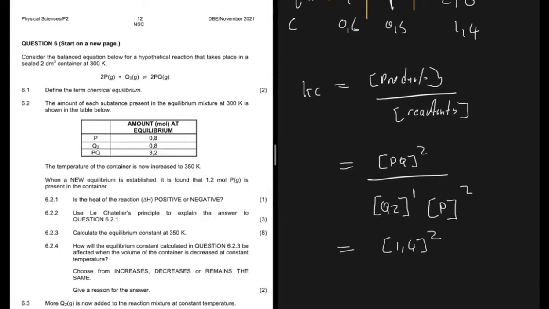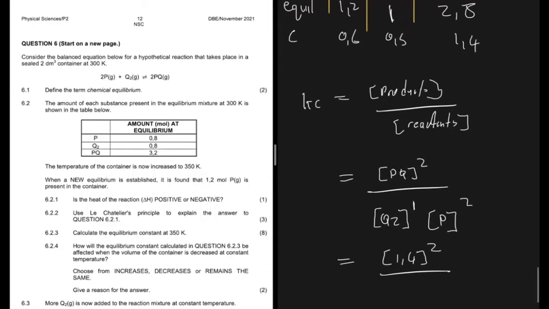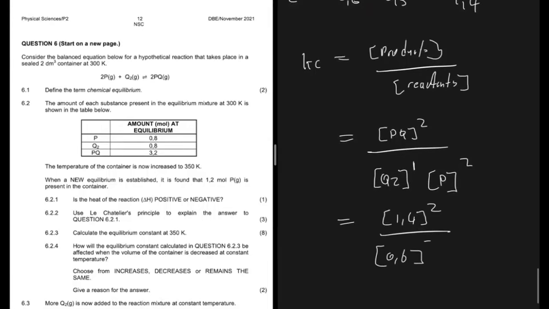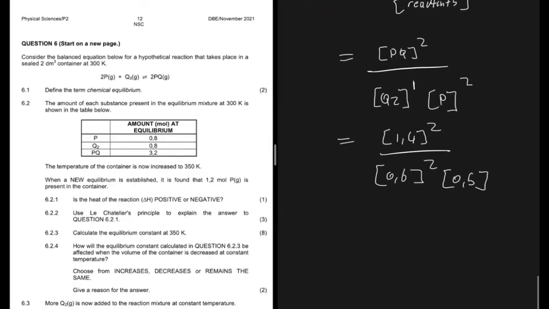So what's the concentration of PQ? That's 1.4. So we have 1.4 squared divided by the concentration for P, which is 0.6 squared, multiplied by the concentration for Q2, which is 0.5. And then after that, it's just a matter of putting it in the calculator, which I'm going to do real quick.